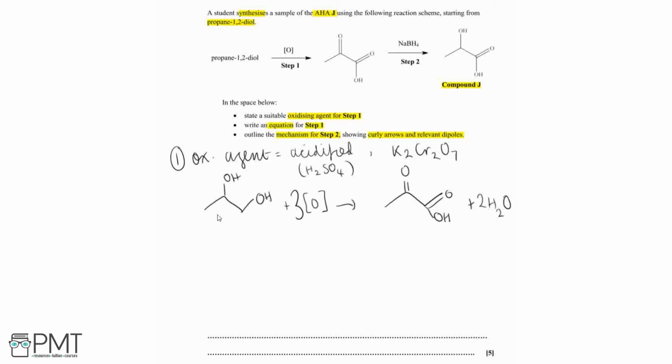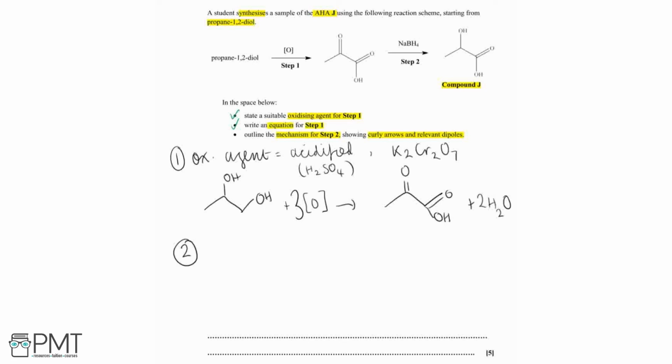So we've done these 2 parts here. So now we're going to have a go at outlining our mechanism for step 2 overall. So for step 2, we're going from our carbonyl-based compound to our alpha hydroxy amino acid compound J. And we're using our sodium tetrahydridoborane, which is a strong reducing agent overall.